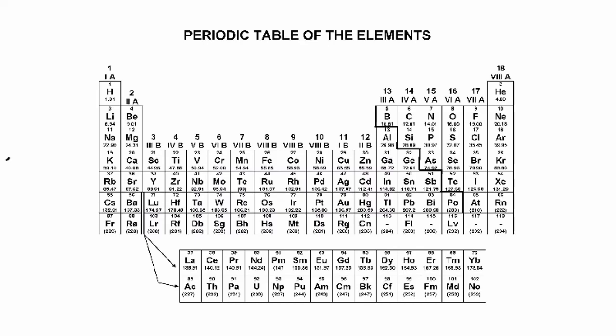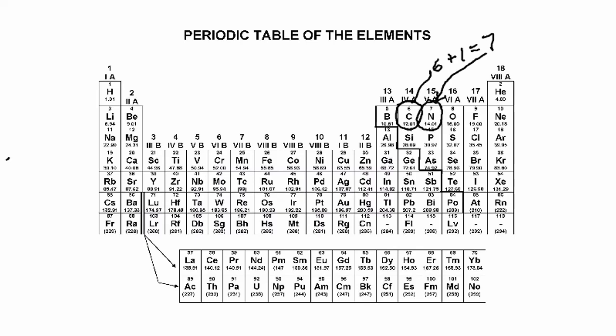Well, let's look at the periodic table and let's look at this carbon. Here's the carbon and the atomic number is 6, but we added 1 proton to it, so now the atomic number is 7. Well, what is atomic number 7? Atomic number 7 is nitrogen.